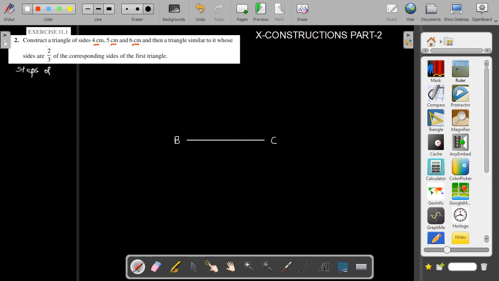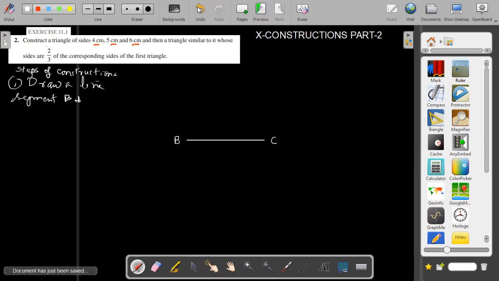Step 1: draw a line segment BC equal to 6 centimeters. In short you should write it, whatever short way you can write the step, try to do that.